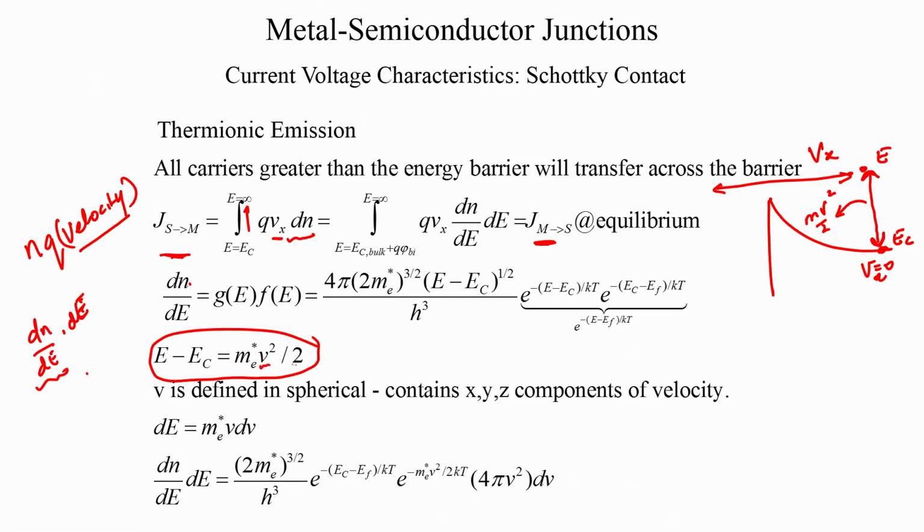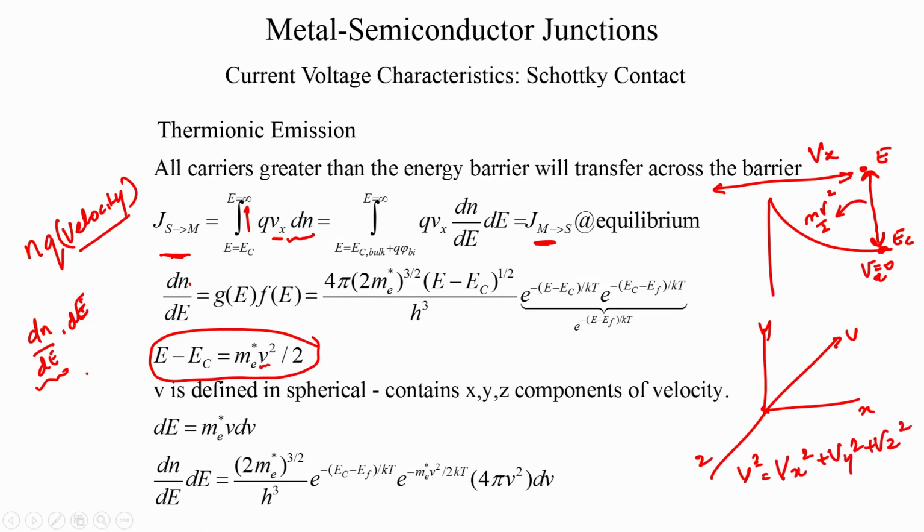So, E minus Ec is m v square by 2, where m is the effective mass of the electrons, and here the v is not Vx, Vy or Vz, it is the v vector. If that is your x, y and z, you can think of v as having all three components in it. Essentially your v square is Vx square plus Vy square plus Vz square, because that is the way the energy is going to distribute itself.